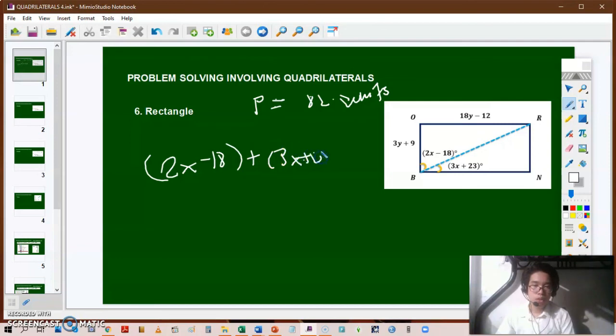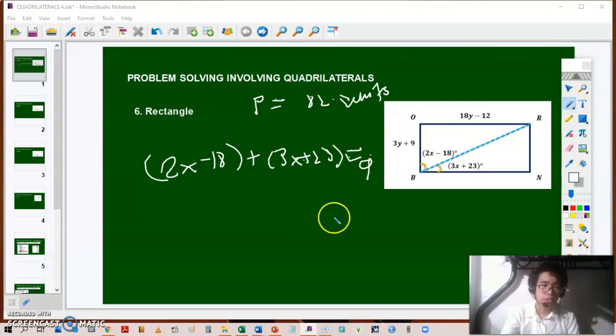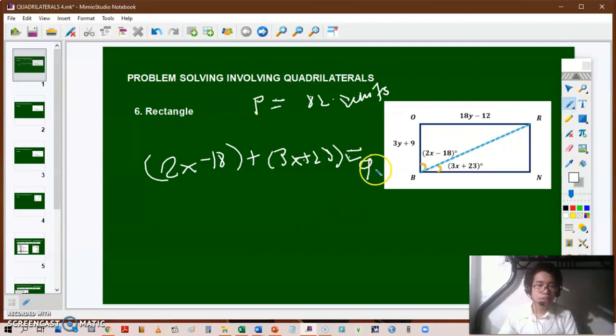The sum of those two angles is equal to 90 degrees, so we have to add them and set them equal to 90 degrees. So 2x plus 3x is 5x, and that is equal to 90.